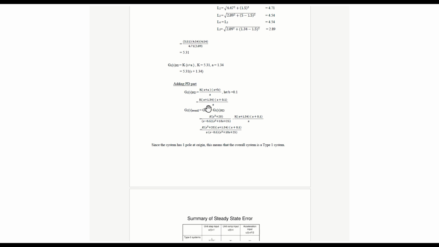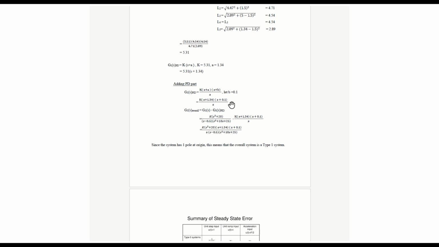So again, b is the location of zero needed to be located closest to the origin, but not exactly at the origin. So we let it be 0.1, and then we must put a pole at the origin. Why?